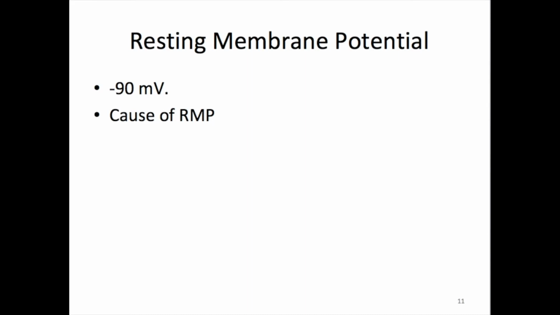This unequal distribution occurs due to the presence of negatively charged anions such as proteins, organic phosphate and sulfate inside the cells, as the cell membrane is not permeable to these anions.